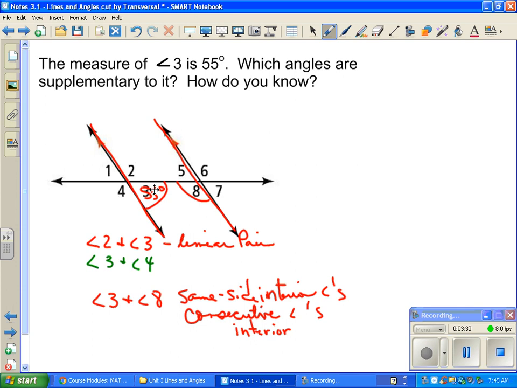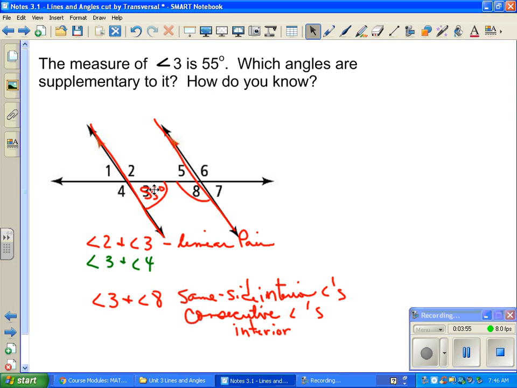I cannot prove they are supplementary by just looking at the picture. I would have to actually do a proof for that. So I see 3 pairs of supplementary angles with 3 in it. 2 of them are side by side with 3, and one of them is our same side interior of the transversal type rules.